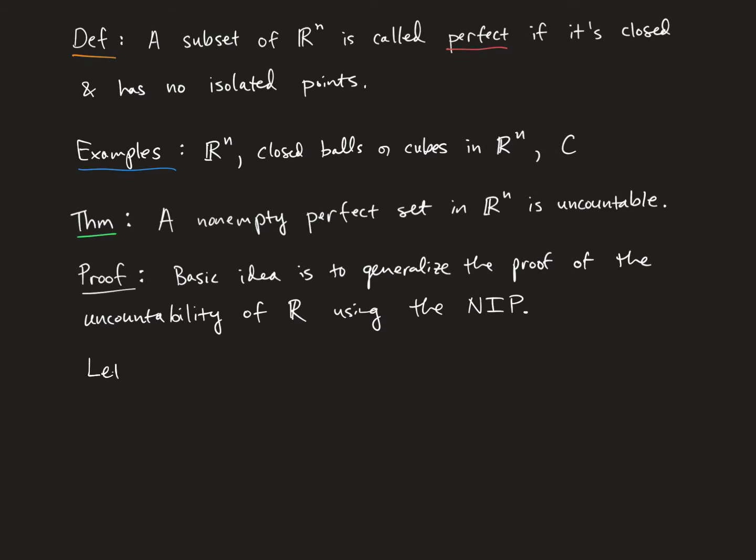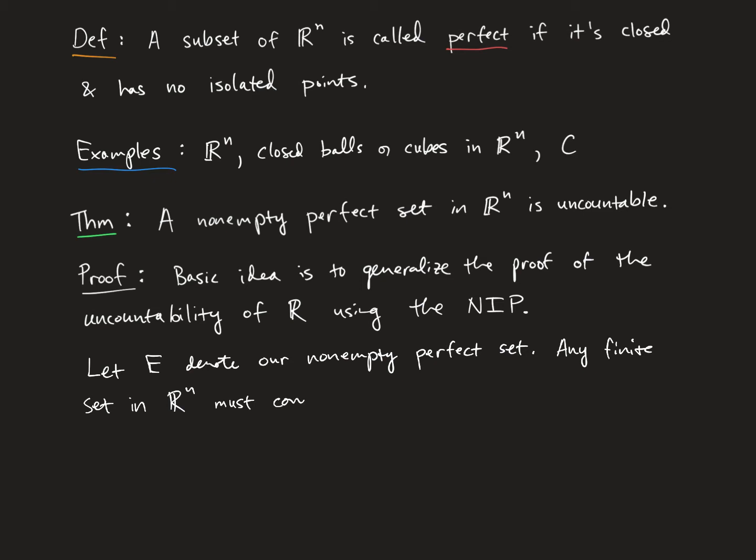So let E denote our non-empty perfect set. It's easy to see that any finite set in R^n must consist of isolated points.